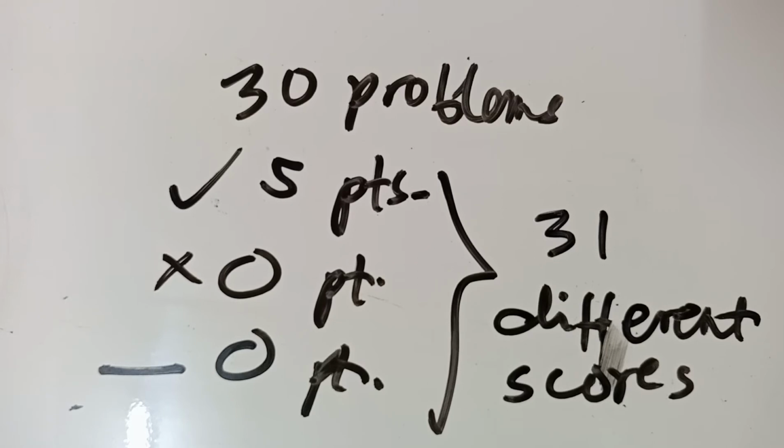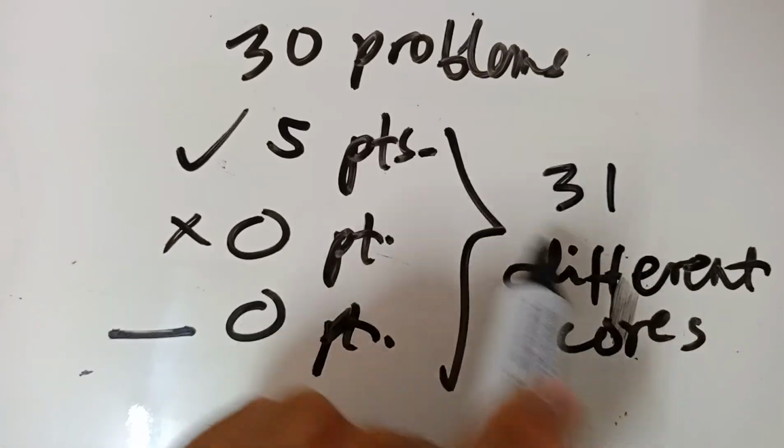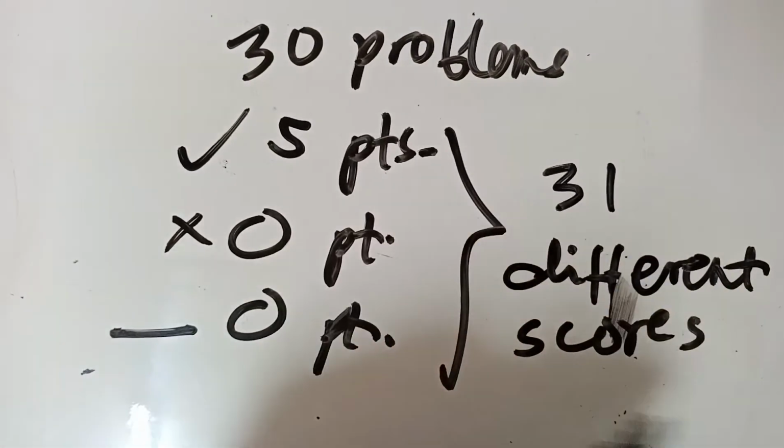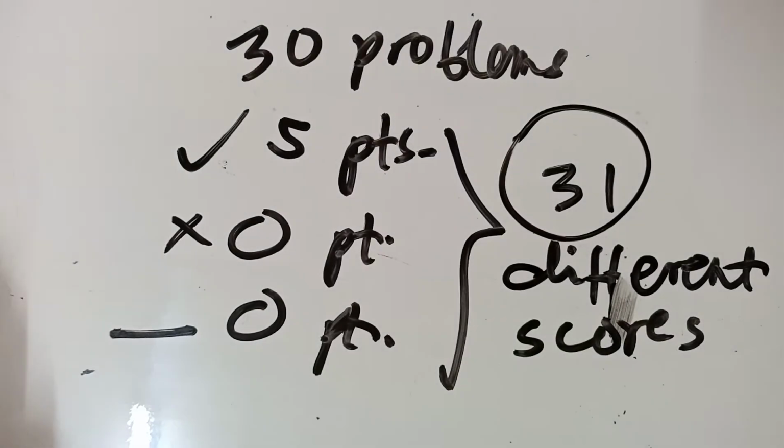So the question is, what should be the minimum number of candidates in the competition to ensure that there will be 3 that have the same score? To solve this problem, this is the clue here. All the possible scores are 31.